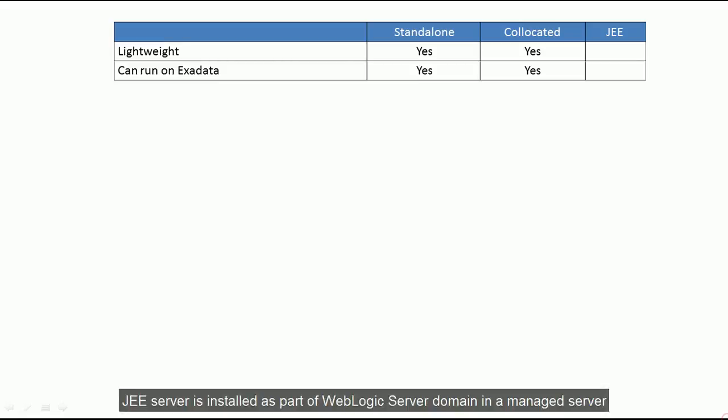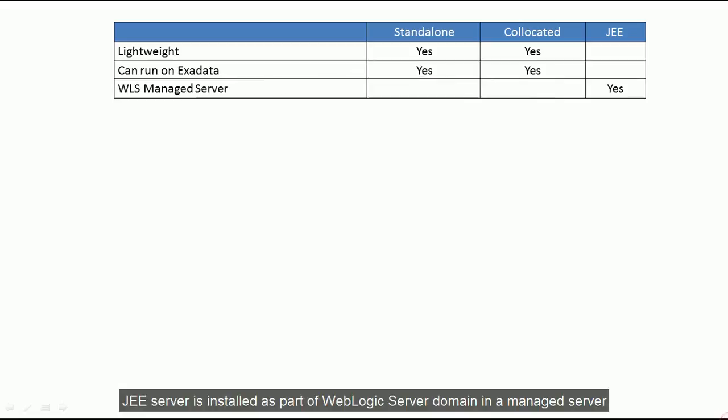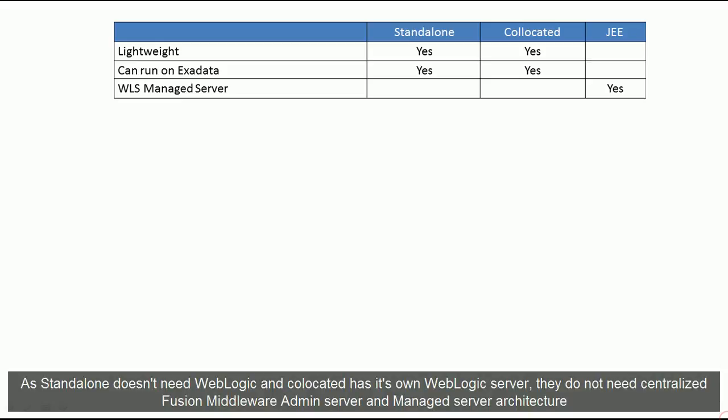As of version 12c, JEE agent cannot run on Oracle Exadata. JEE agent is installed as part of WebLogic server domain in managed server. As standalone does not need WebLogic and collocated has its own WebLogic server, they do not need centralized Fusion middleware admin server and managed server architecture.